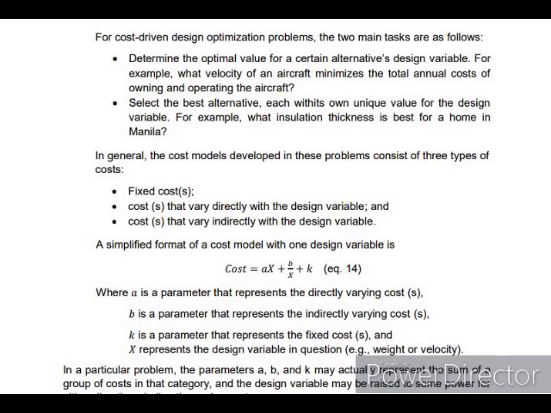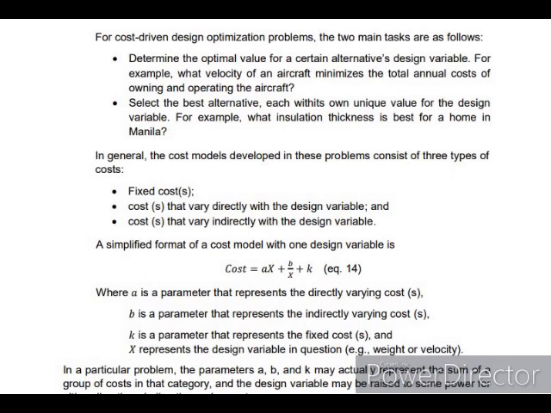For cost-driven design optimization problems, the two main tasks are as follows. So first one is to determine the optimal value for a certain alternative's design variable. For example, what velocity of an aircraft minimizes the total annual cost of owning and operating the aircraft. So that's how we will do it first.